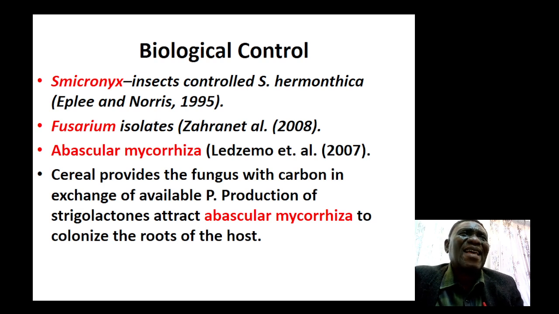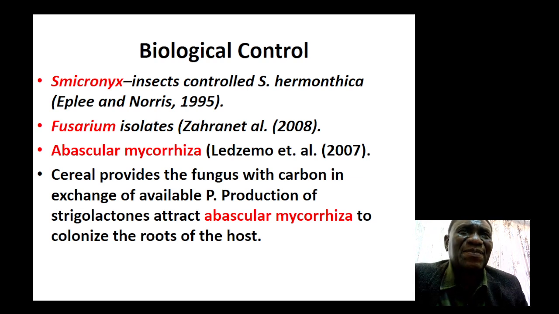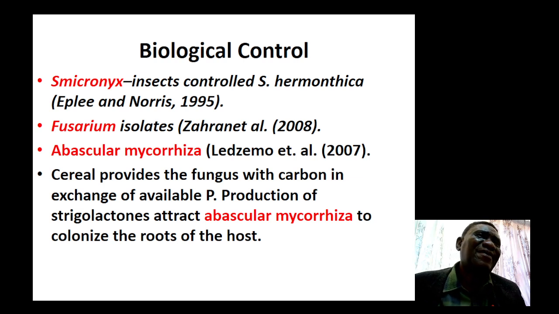And these strigolactones, which are suppressed, will ensure that the host is free from the parasite. So the arbuscular mycorrhiza colonize the roots of the host, which are also the target of the parasite. Once the arbuscular mycorrhiza is present, it creates an environment which is not attractive to striga infection.